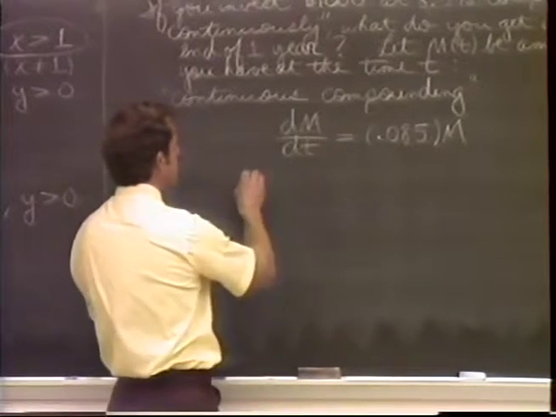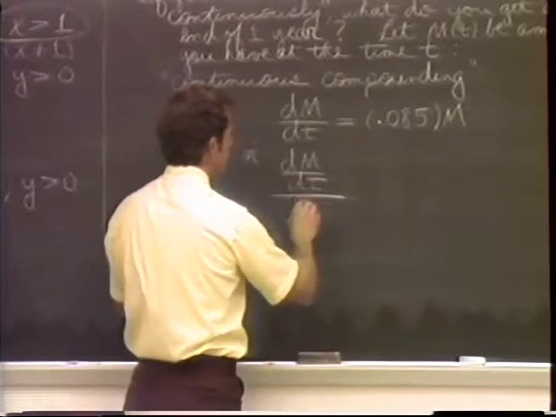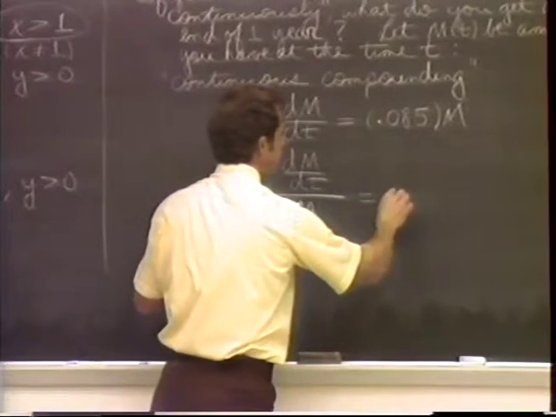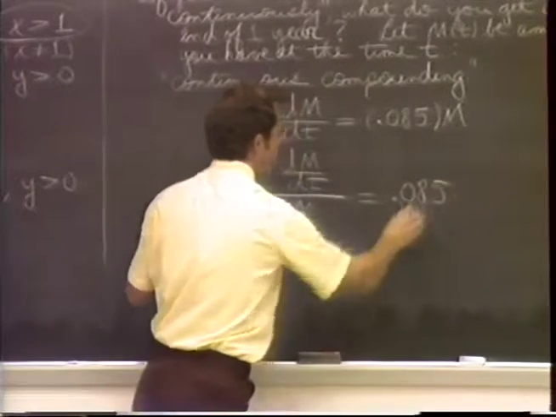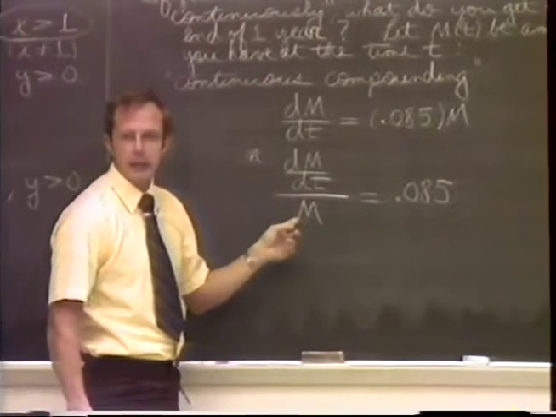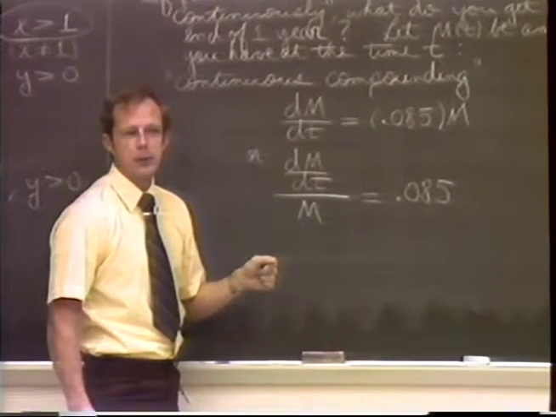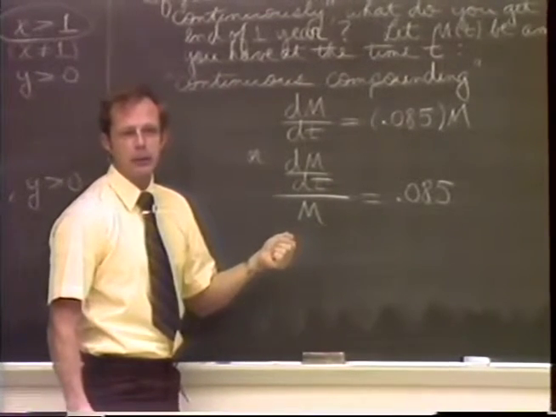Or maybe I should write it a different way, and I don't know which one will appeal to you more, but let's do it this way. Okay, the rate of growth divided by the amount of money present is 8.5%. That's supposed to be what 8.5% means.